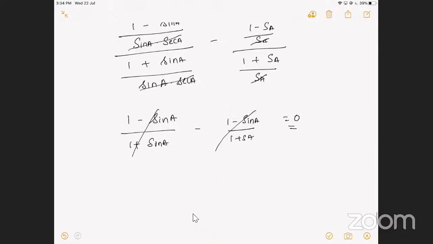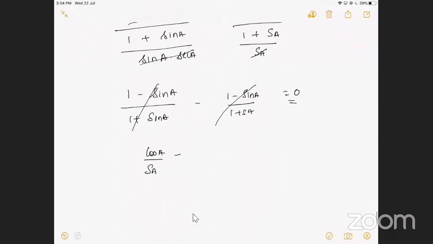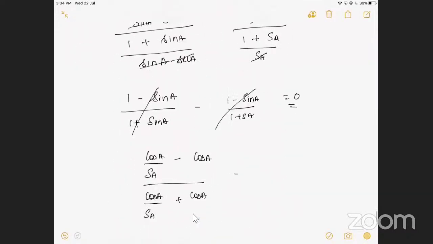So, the method Jaitra said is cos A upon sin A minus cos A, divided by cos A upon sin A plus cos A, minus cosec A minus 1 upon cosec A plus 1.